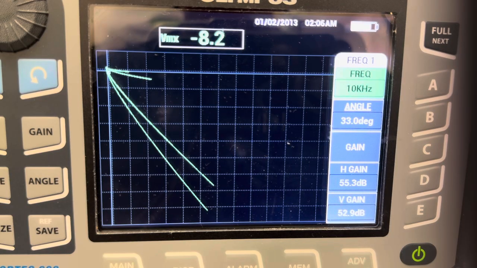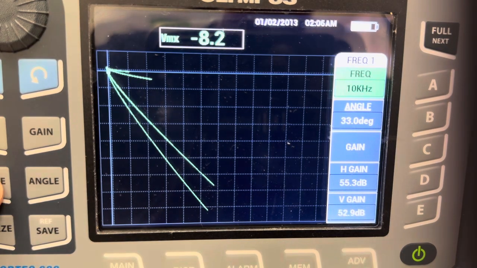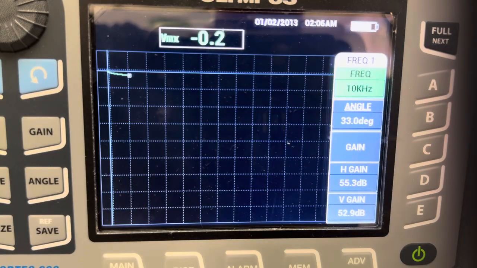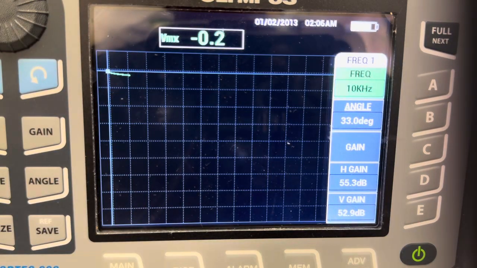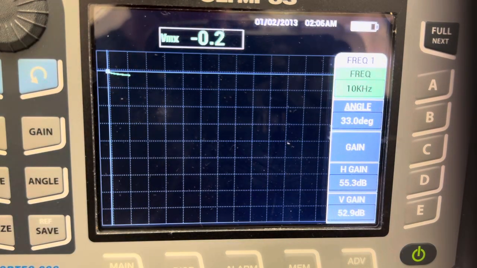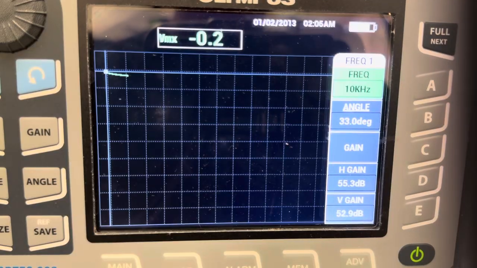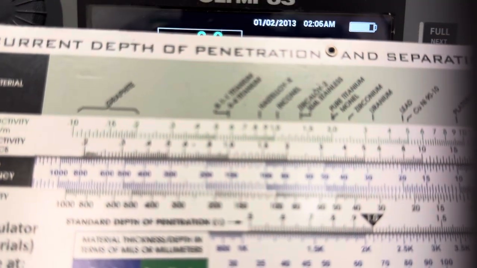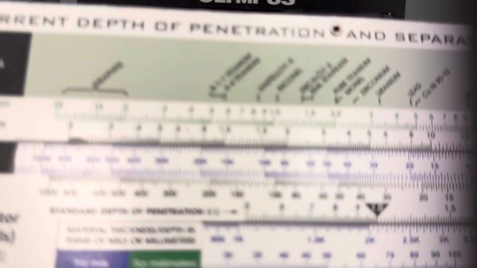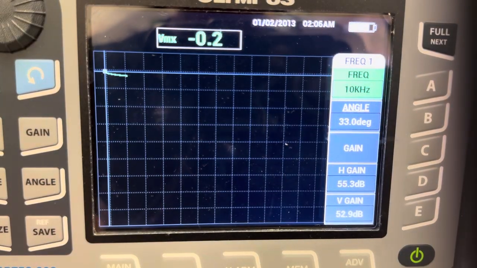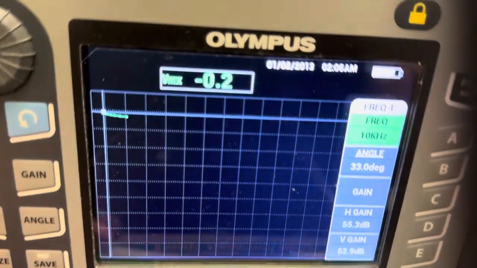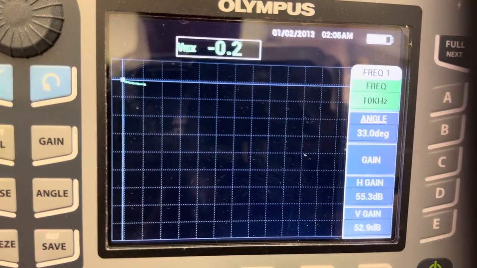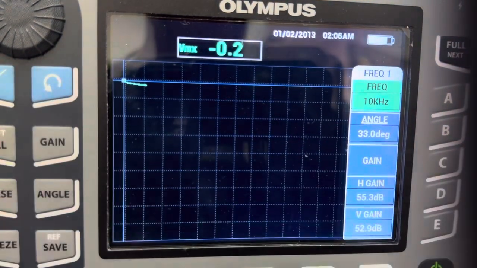So first, let's see what happens when we compare titanium. First, I've got to erase the screen. Titanium, look at that, I can barely see it. And then what's something else that's low? Looking at the slide rule, titanium's 3%, 304 stainless. 304 stainless is going to be right here.